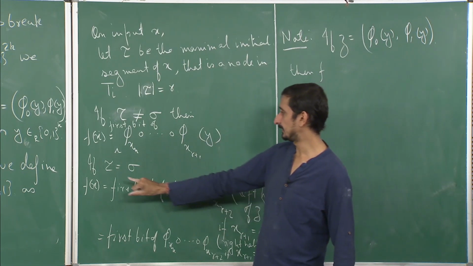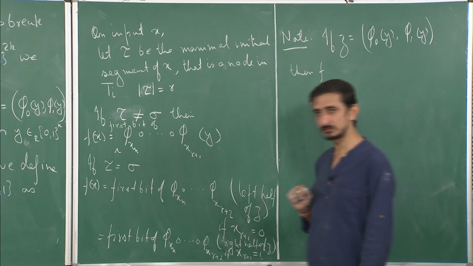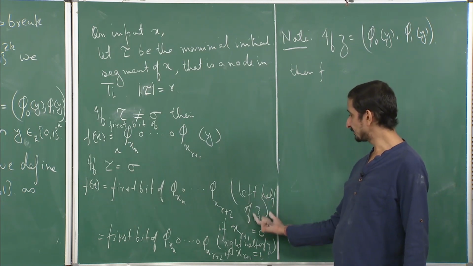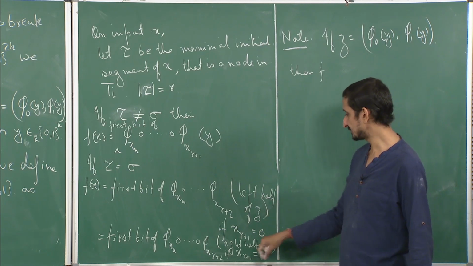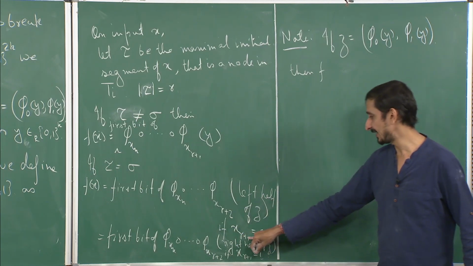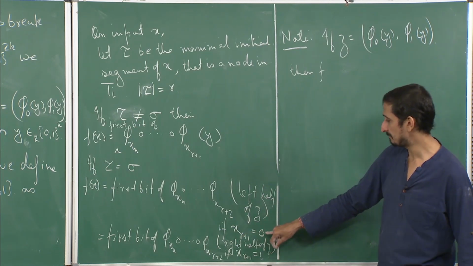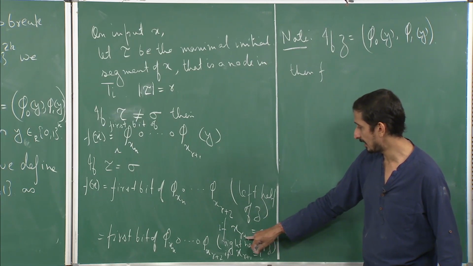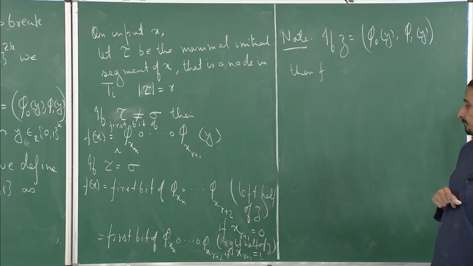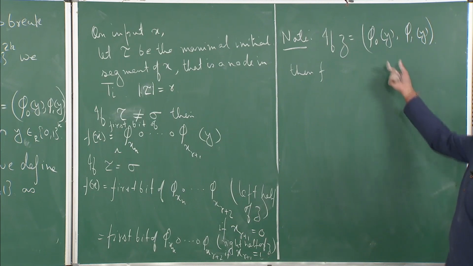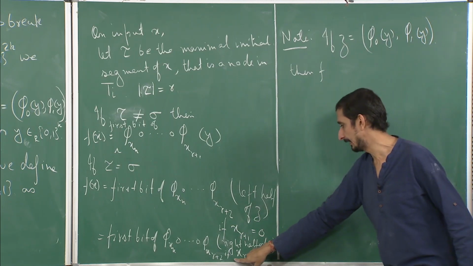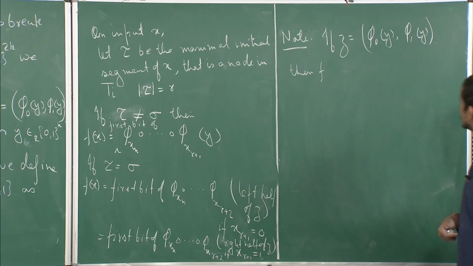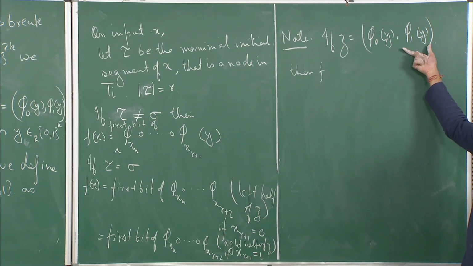And if tau equals sigma, what is the left half of z in this case? The left half of z depends on this bit, x r plus 1. What is the left half of z if x r plus 1 is 0? It is basically this. And if the next bit, x r plus 1, is 1, it is basically this. Okay.